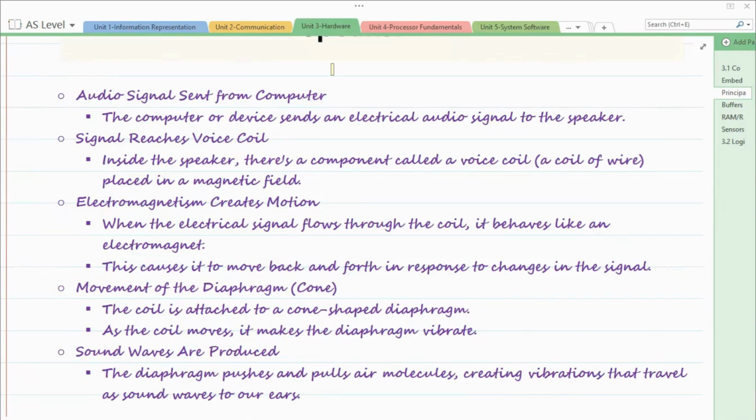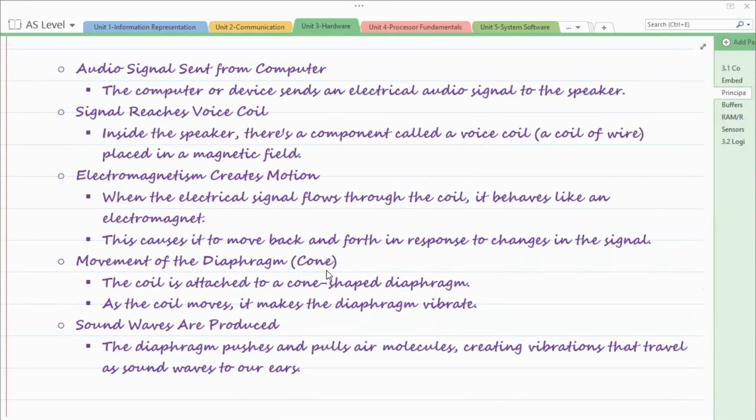Speakers may vary in design and size from tiny earbuds to large concert speakers, but the basic working principle remains the same. To summarize, a speaker receives an electrical signal, amplifies it, uses magnetic interaction to vibrate a diaphragm, and produces sound waves.